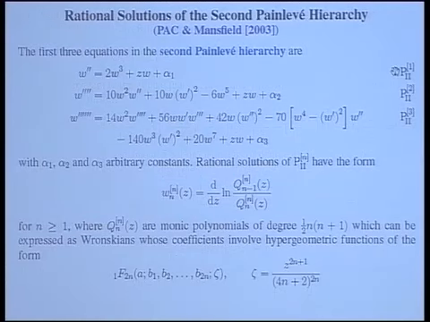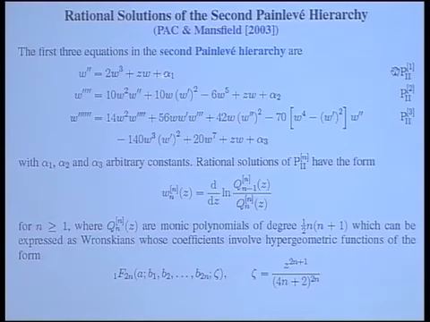Now, we then extended that to the so-called Painlevé 2 hierarchy. This is a hierarchy of equations obtained by symmetry reductions of the modified KdV hierarchy.